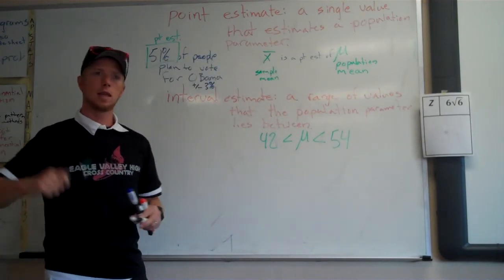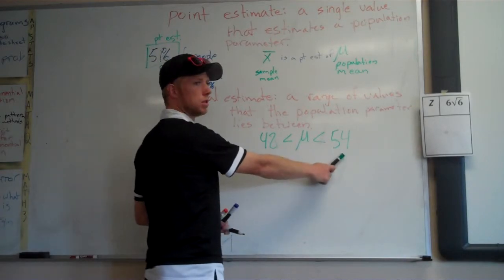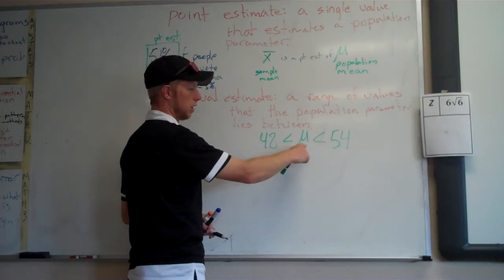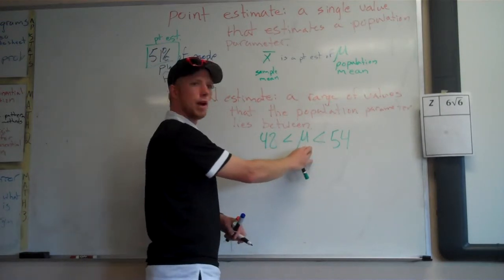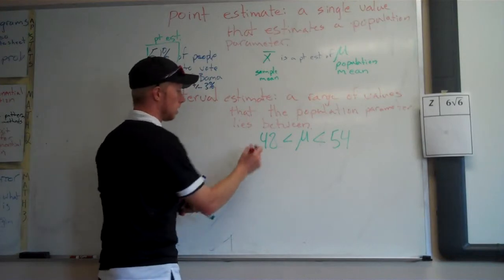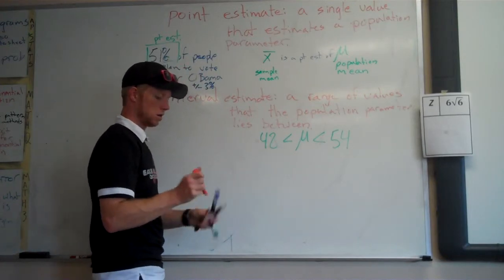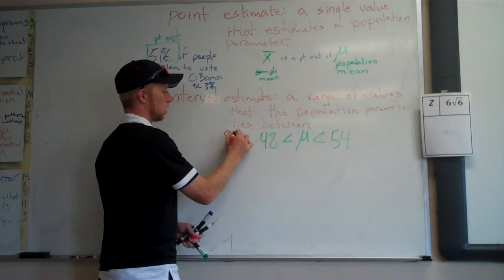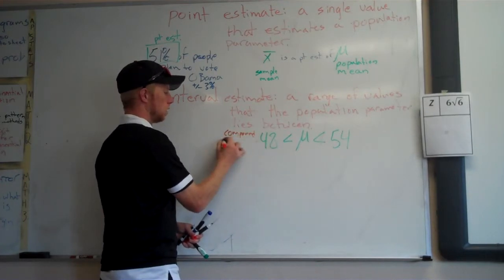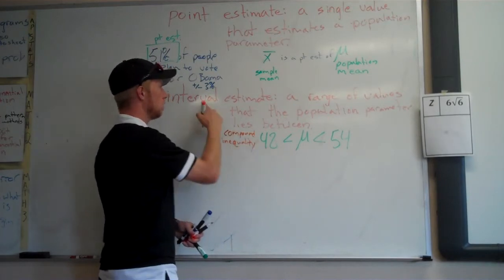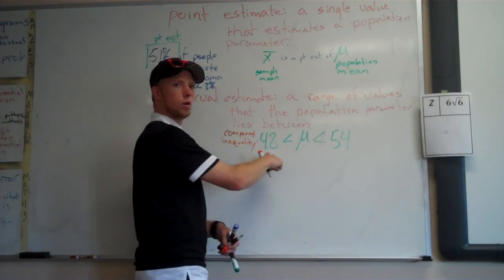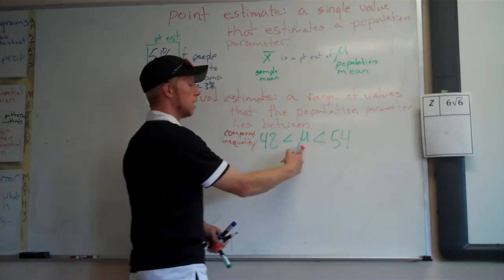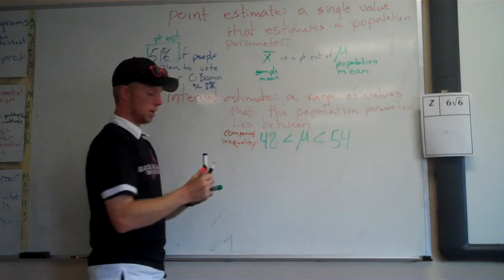So my guess is that the number of voters, mu, may not be exactly what we're looking for here, but typically it's your variable in the middle. Remember, this is what we call a compound inequality. Okay, so your interval estimates are going to be compound inequalities. They're going to have your lower number and your higher number here, and the population parameter up there.